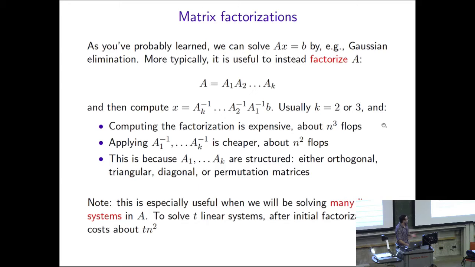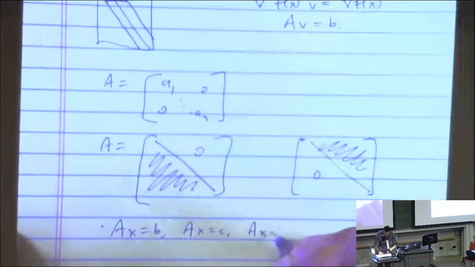That is the standard in numerical linear algebra, matrix factorizations. It has more of the focus than indirect methods, which we'll talk about at the end. It's also very useful if you're solving many linear systems in the same matrix. Let's suppose I was going to solve Ax equals b, Ax equals c, Ax equals d, etc.